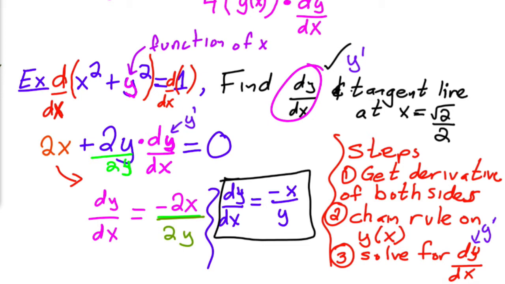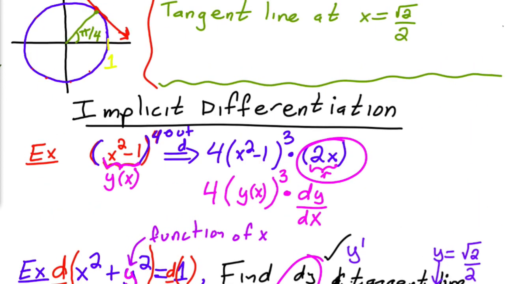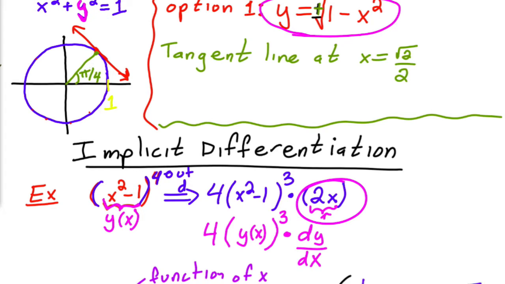Now, if I'm trying to find the tangent line at x equals root 2 over 2, the other thing I need is the y value. The y value, in this case, I know is also root 2 over 2, because if you go back, my angle is pi over 4, so this point is root 2 over 2 and root 2 over 2.